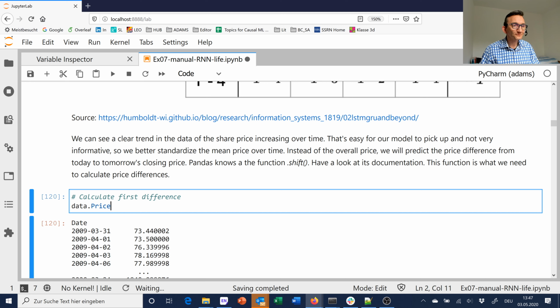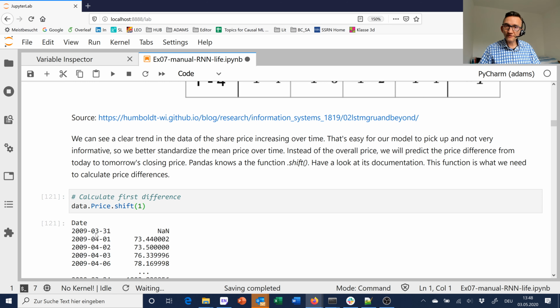So look at these prices. 3rd of March, 4th of March, 31st of March, date formats, 1st of April, 2nd of April, 3rd of April, and so forth. And there is a function called shift, and that allows me to shift my data by a certain number of periods. So let's shift the data by 1 period.